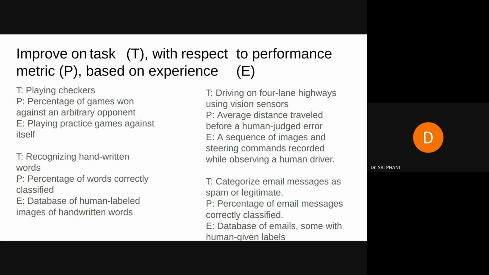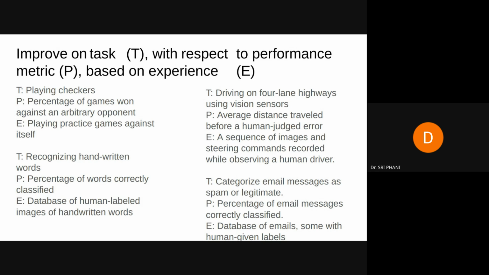So if you say playing checkers is the task, how can you say that machine learning, or a particular algorithm, is learning? Because its performance is increasing on the data, on the experience. The performance is evaluated based upon the number of games it won. So what is the data? The data is a database of multiple games played by different people.